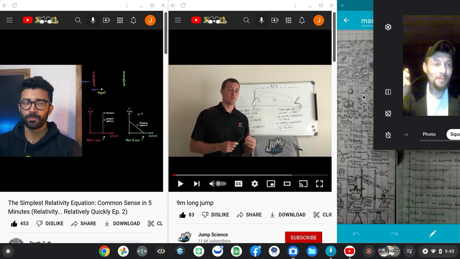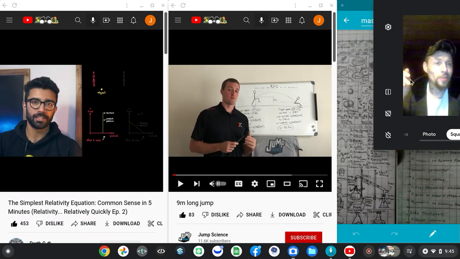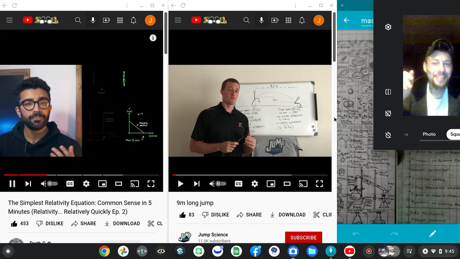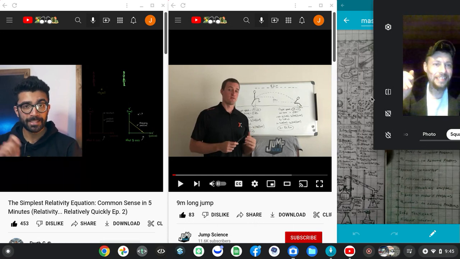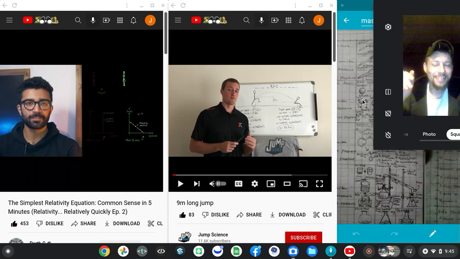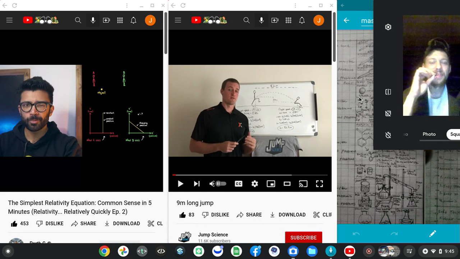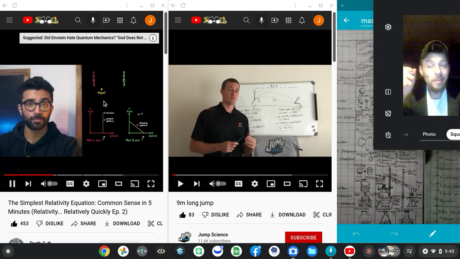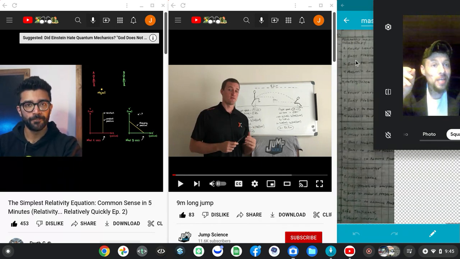But this motion was a relatively simple one, stationary in one frame and moving at a constant speed in the other frame. And even then, we had to work out at each point in time what its position would be in the primed reference frame if we just knew its position in the unprimed reference frame. What we really want is a set of mathematical equations that will take us from one perspective to the other very easily.